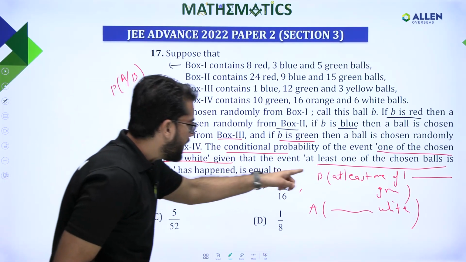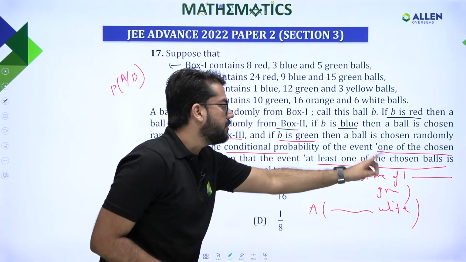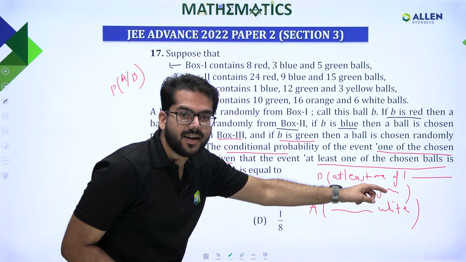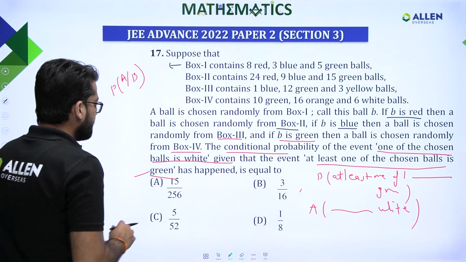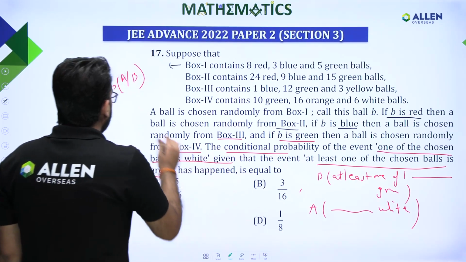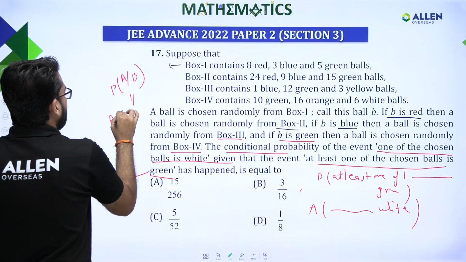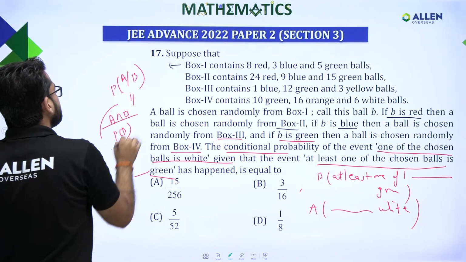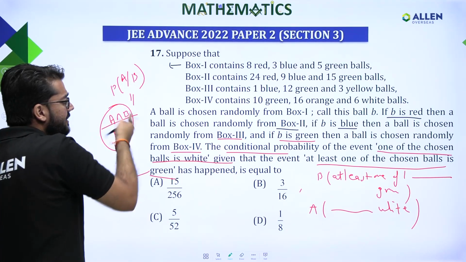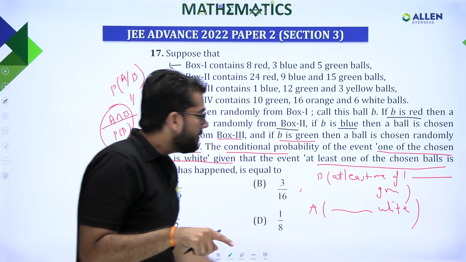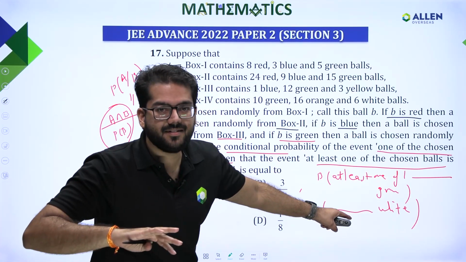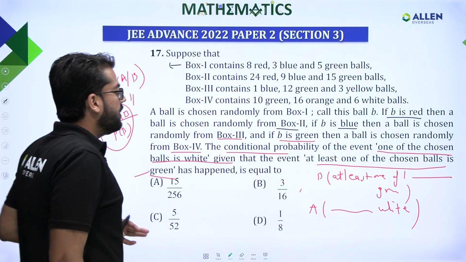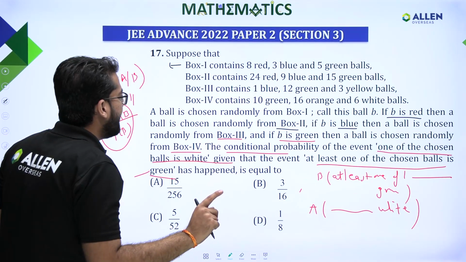So first we need to think about how we can find the probability that at least one of the chosen balls is green. First I want to take A intersection B, and here we have P of B to find. For A intersection B, we have only one combination, green and white, and only one case.